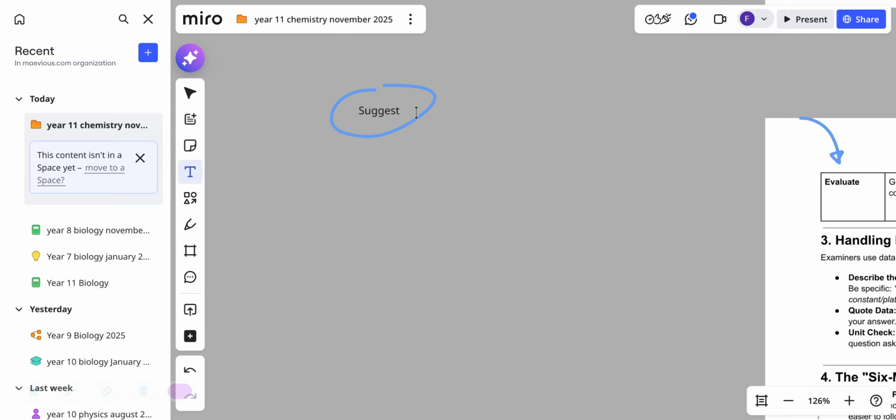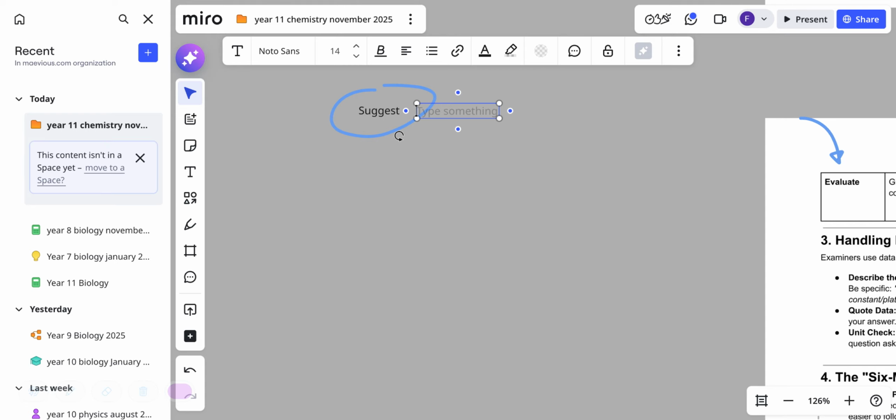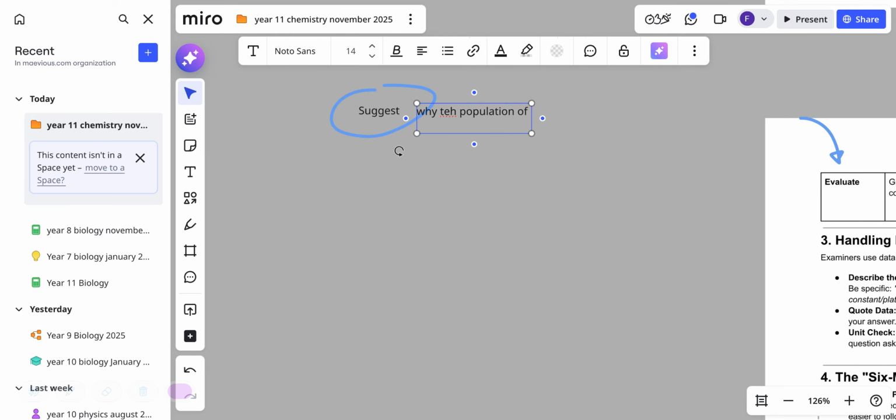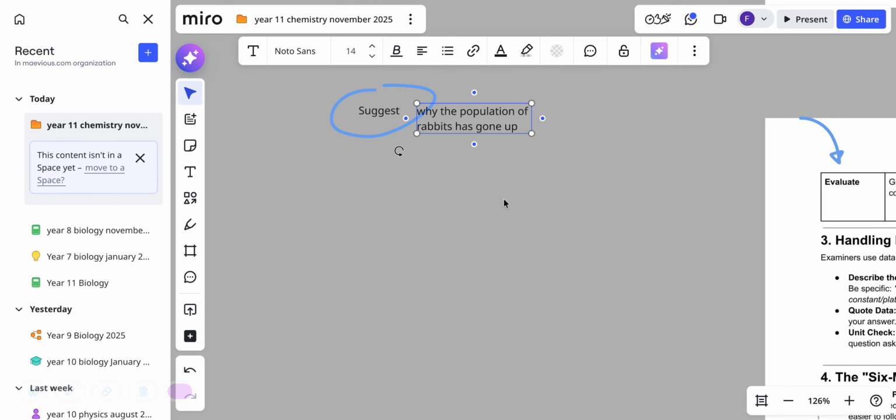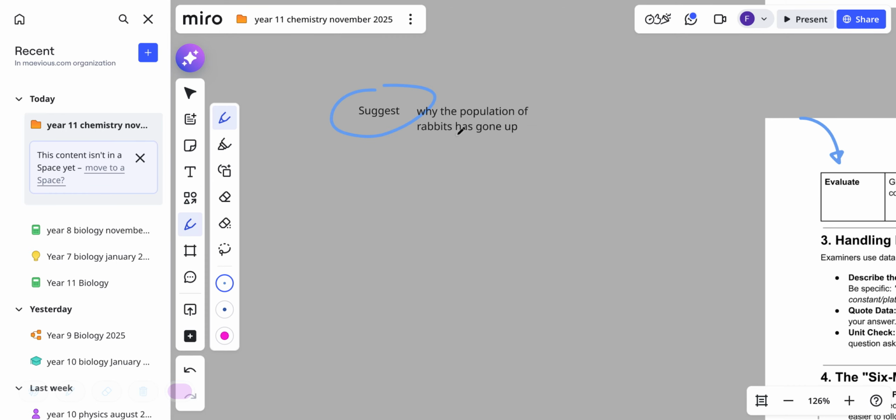Something like, if we're doing ecology, suggest why the population of rabbits has gone up. I didn't know they were going to ask you about rabbits. How can I know that? I'm just a teacher. How do I know what the exam question was? So suggest why the population of rabbits has gone up. The answer has to be about things we've taught you and really logical.